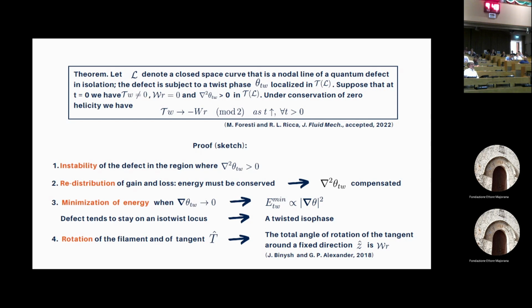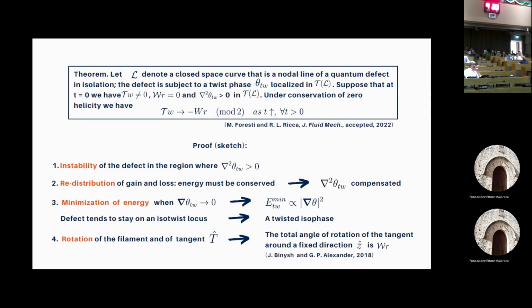And so this means that the defect tends to stay on an isotwist locus, but an isotwist locus is nothing but the twisted disk, the twisted isophase surface.